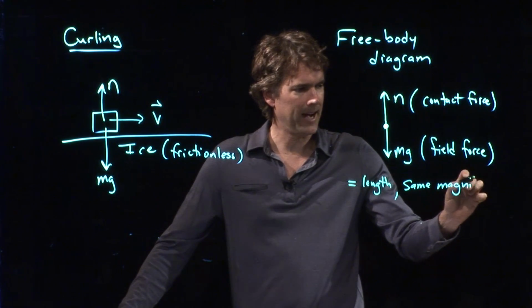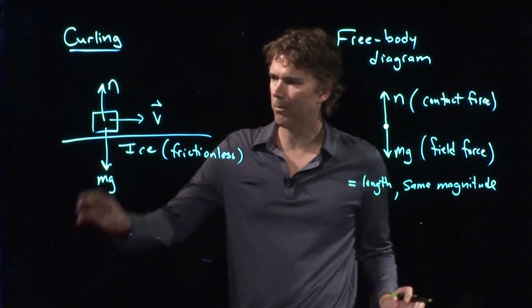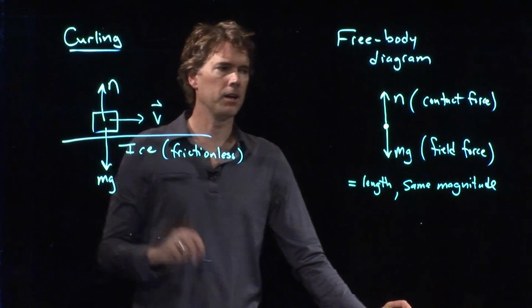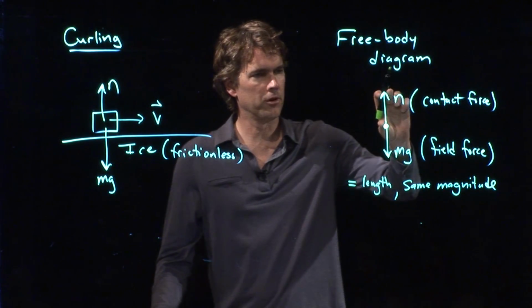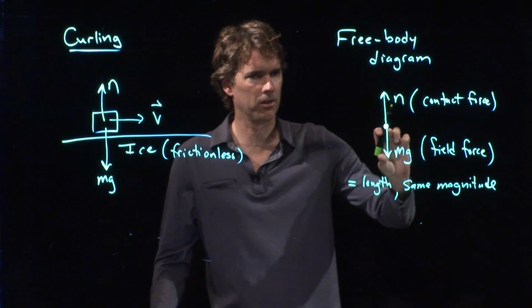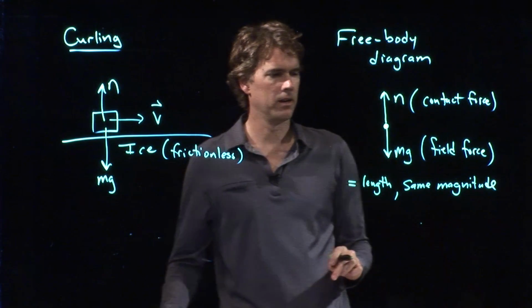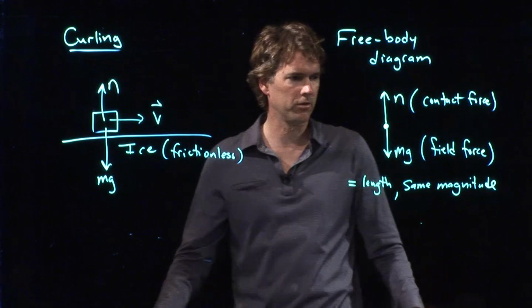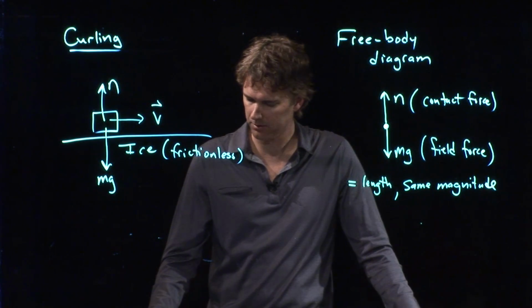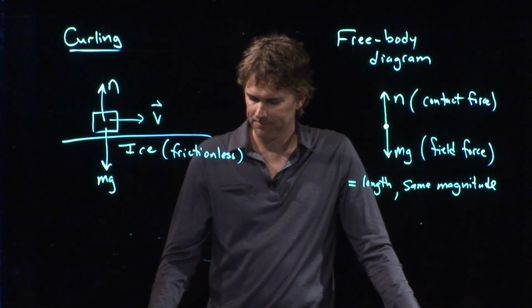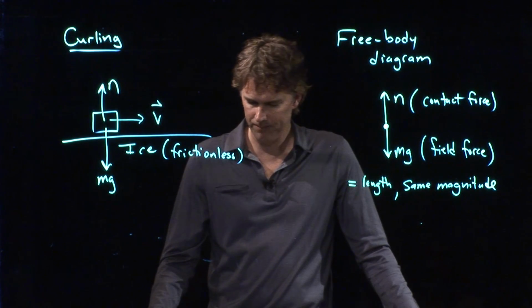Since this block is not jumping up off the ice or falling through the ice, I want to draw the normal force the exact same length as the gravitational force down. Okay? The arrow head, of course, indicates the direction of those things. All right, that is a free body diagram.